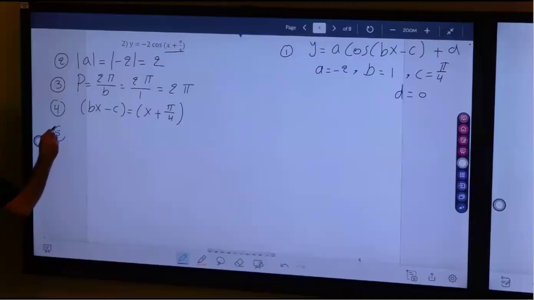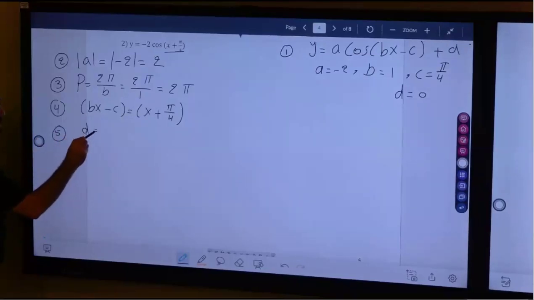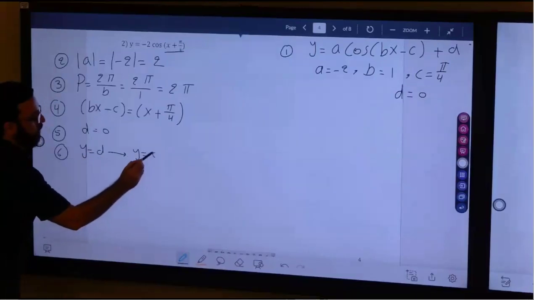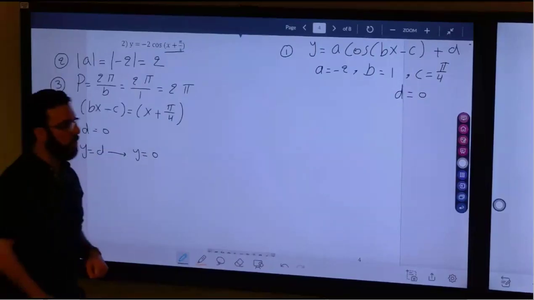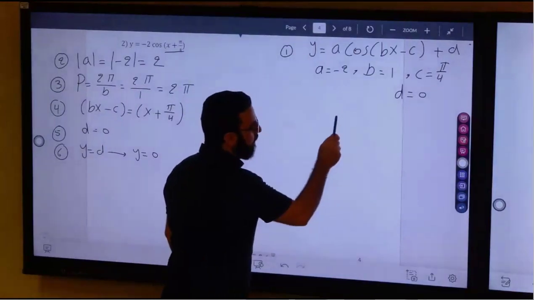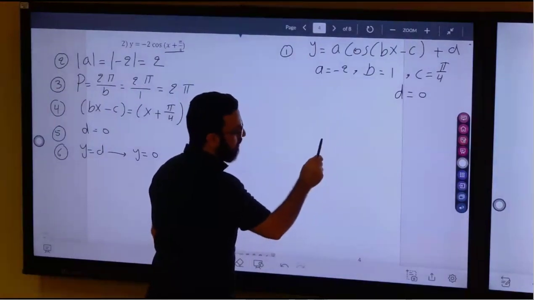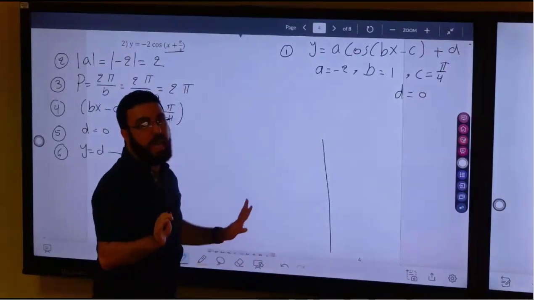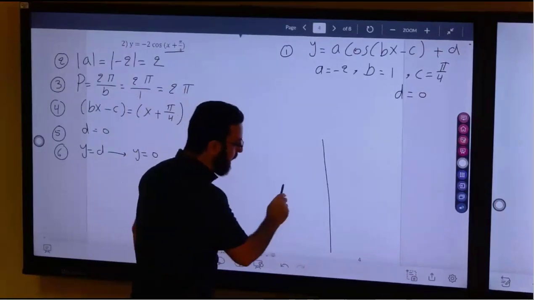Step 5, the vertical shift. So it equals what? Step 6, which is y equals d, that's y equals 0. That's the important part. So I know your starting line is 0. The line is 0.